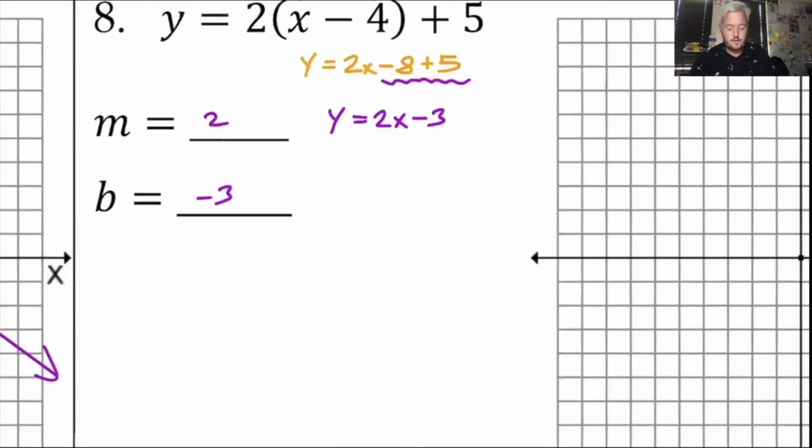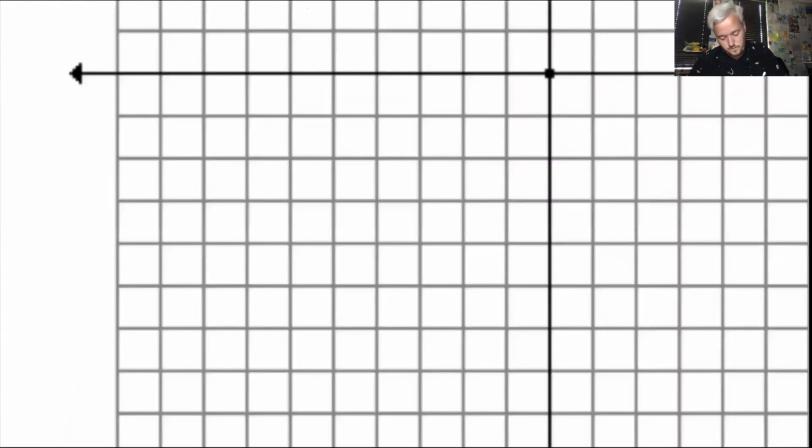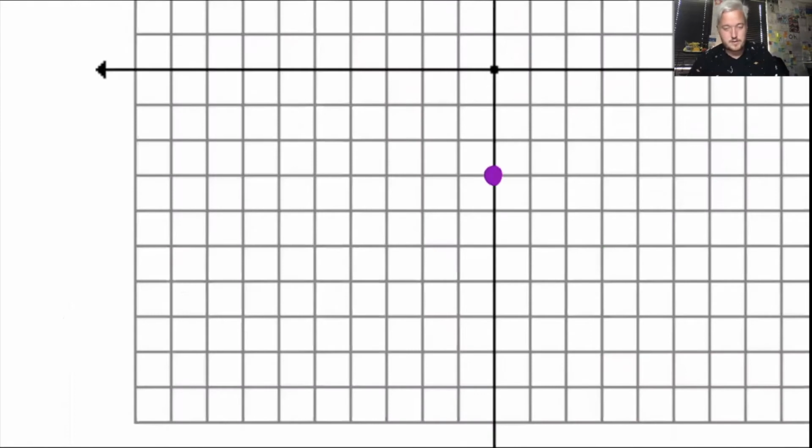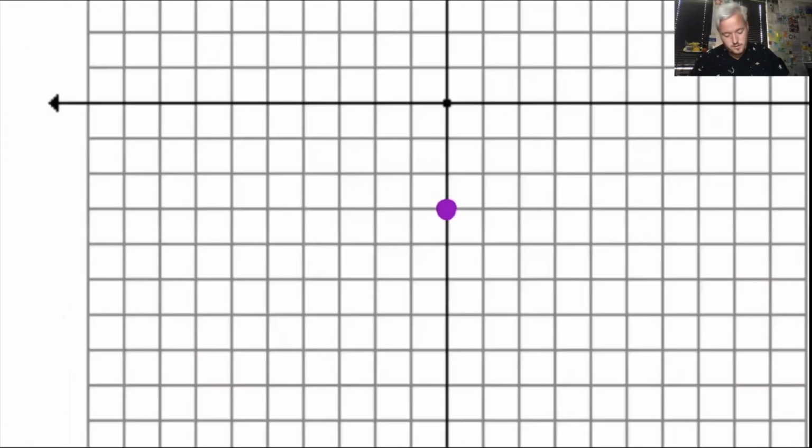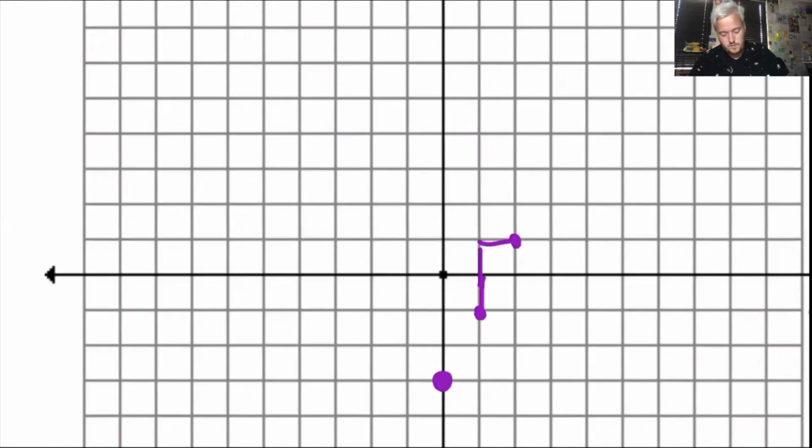So start at negative 3 on your y-axis, and then apply a slope of positive 2. So that means you're going to go up 2 and right 1. So 1, 2 over 1, 1, 2 over 1.